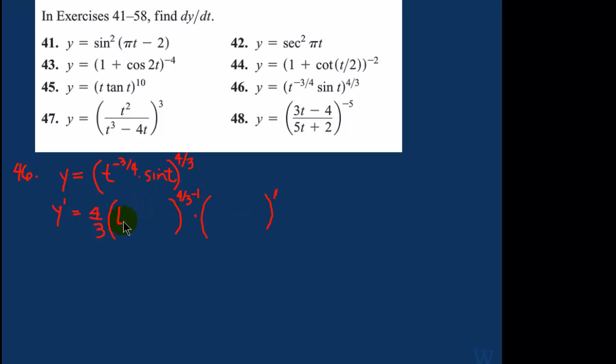And what is the inside? It's t to the negative 3/4 times sine of t. And then the derivative of whatever was raised to the 4/3.